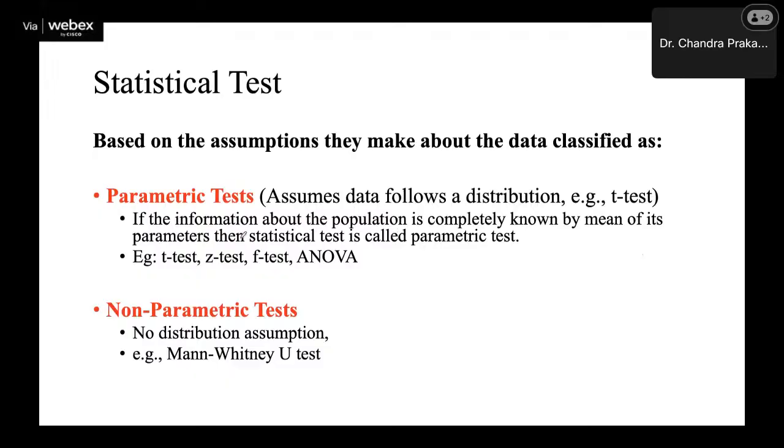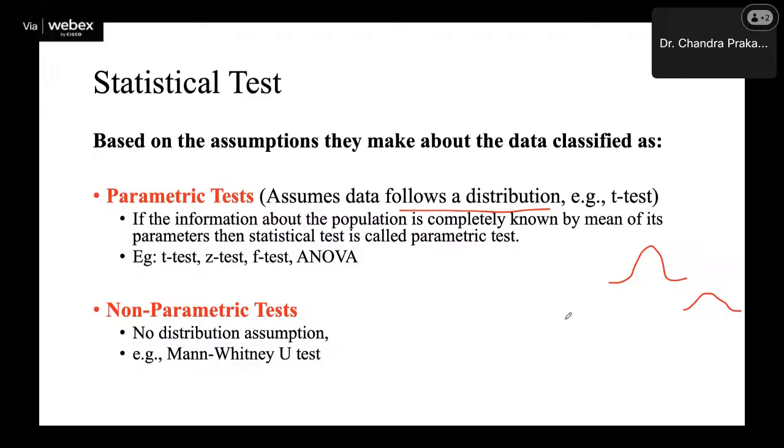By means of its parameters, then the statistical test is called parametric test. So if I know what the distribution is, whether it is Gaussian based or T based, correspondingly we have Z test, T test, F test, ANOVA, and like that.